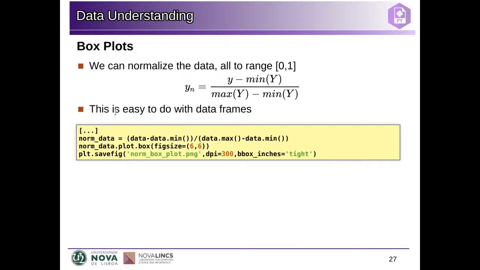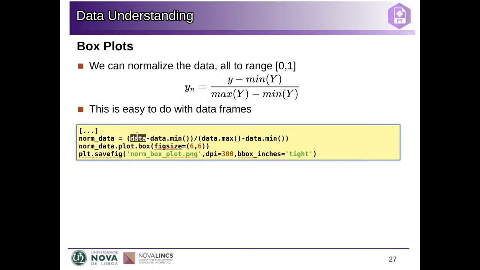And this is very easy to do with data frames because data frames include all the functionalities that you expect from NumPy arrays. So you can create a new table with normalized data by, from the original data, subtract the minimum values, and this will compute the minimum for each column, and now do broadcasting on the original table.